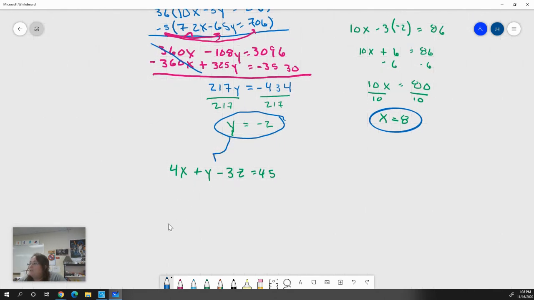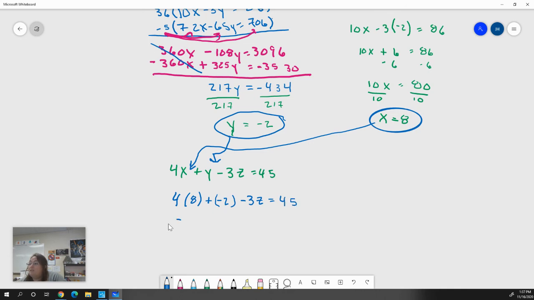Y is going to go in there, and x is going to go right there. So I've got 4 times x, well, that's just 8, plus y, well, y is just negative 2, so it's like saying plus minus 2, right? Minus 3z, we don't know what z is yet, but we're about to find out.